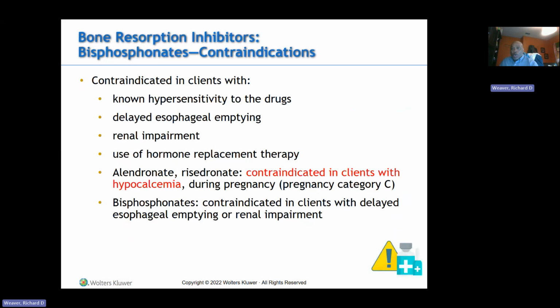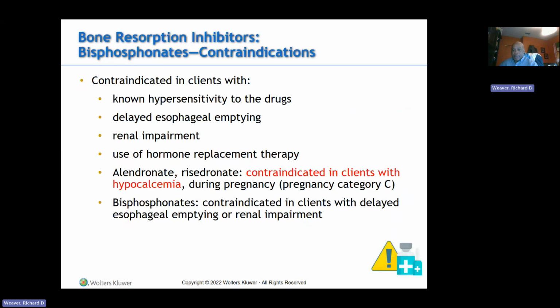Now, the reason for this, as far as alendronate, also called Fosamax, is that in those patients who have delayed esophageal emptying, the drug will sit in the esophagus for a prolonged period of time. These drugs are very irritating to the esophageal tissue, and it can damage the esophagus.